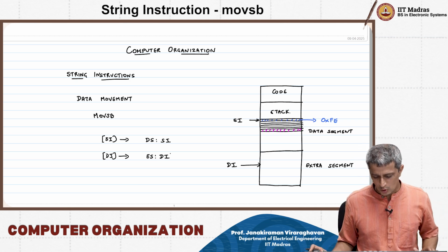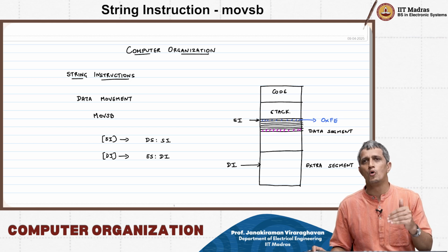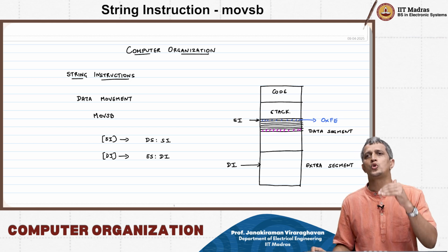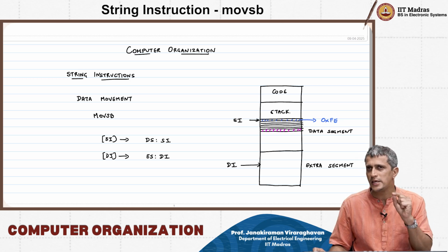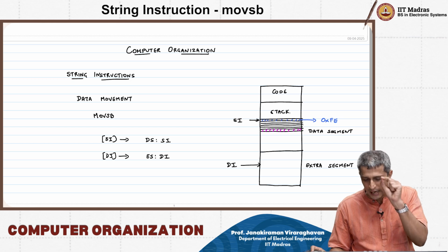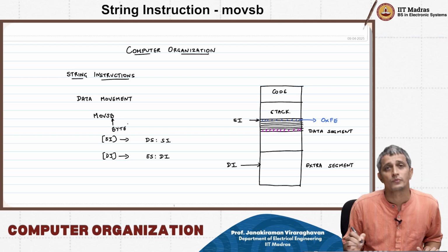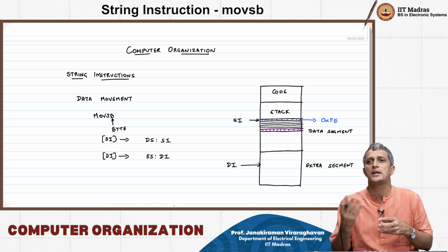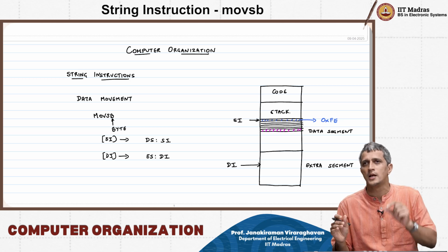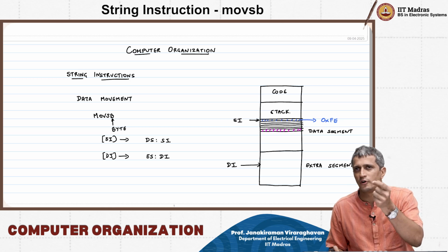Okay, so what I can do now is to use the MOVSB instruction to move 1 byte of data. That's why the B here, MOVSB, is actually going to talk about the byte. So you remember I said we use the word pointer, D word pointer or byte pointer earlier to refer that the address is now pointing to a byte of memory and not to a word or a D word, right?